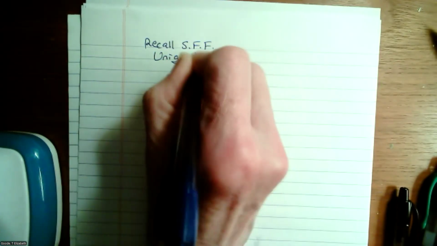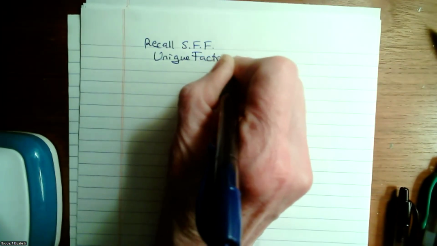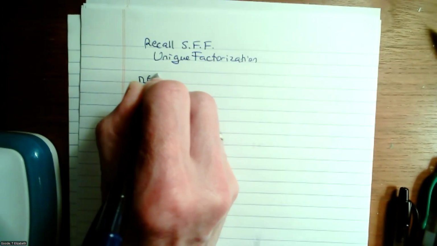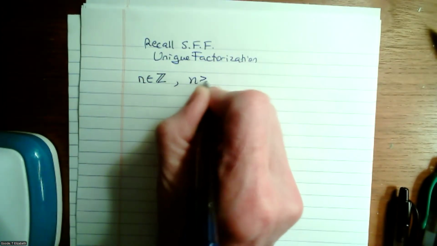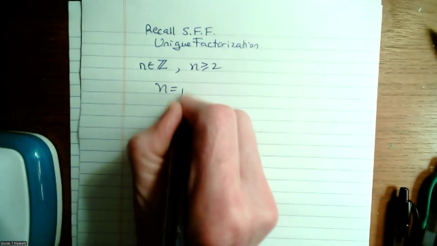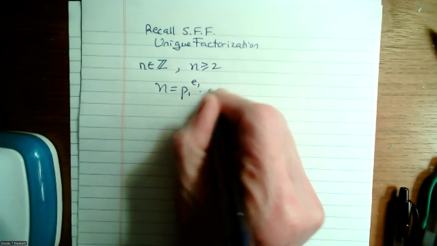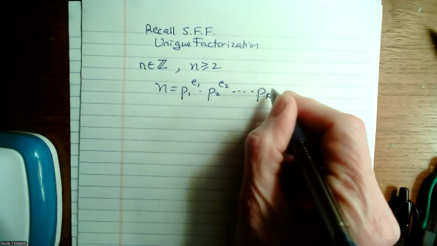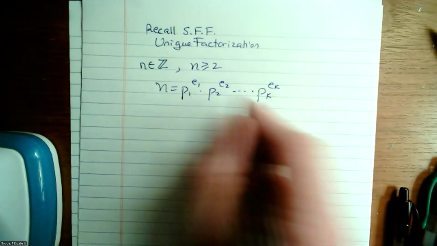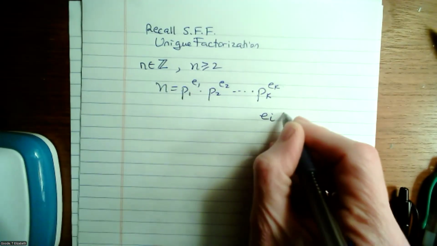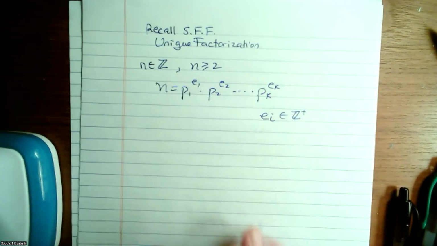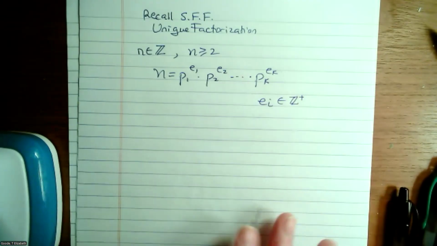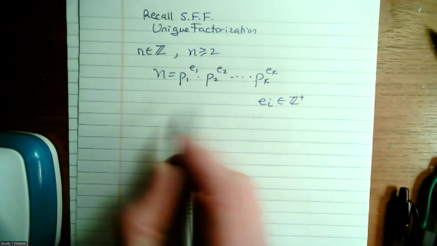It said, if you've got an integer n greater than or equal to 2, then we can write it as a product of powers of primes in a unique way. And the reason that we demand that these exponents are strictly positive is because otherwise we could throw in a bunch of primes that aren't actually factors of 100.